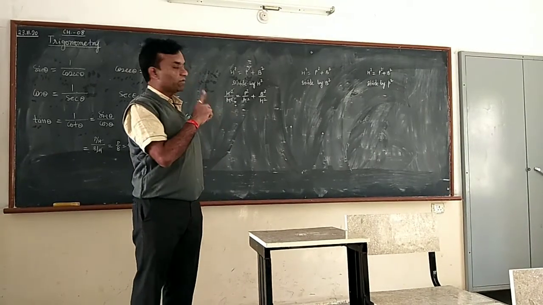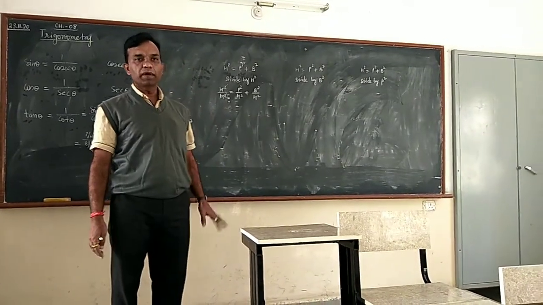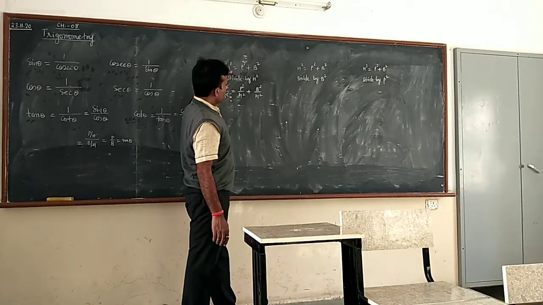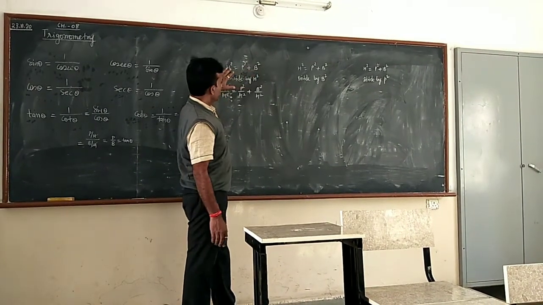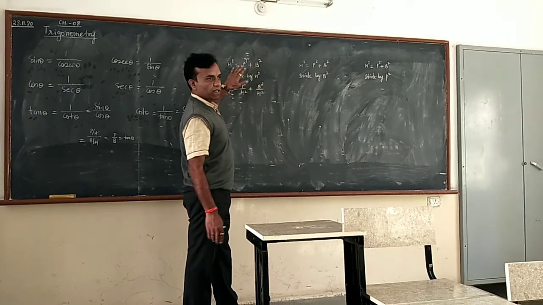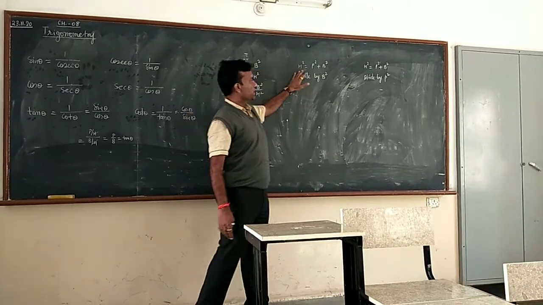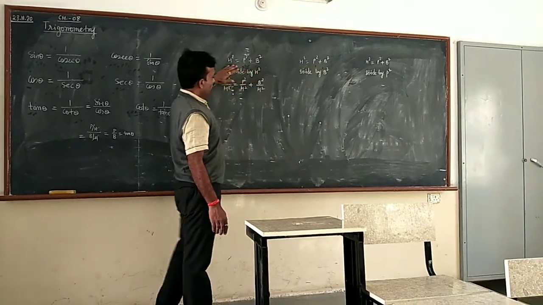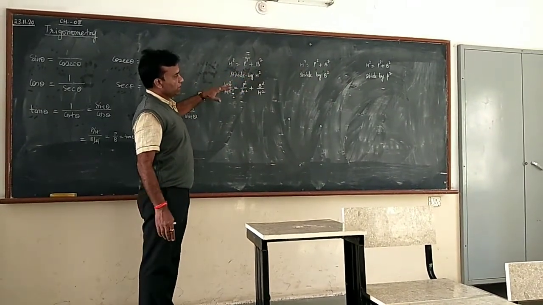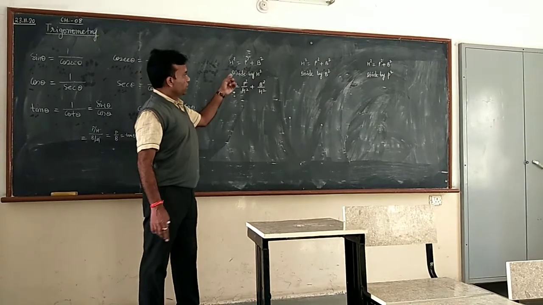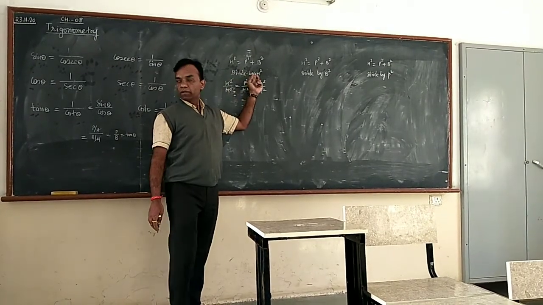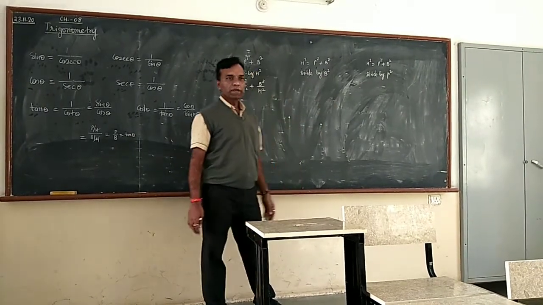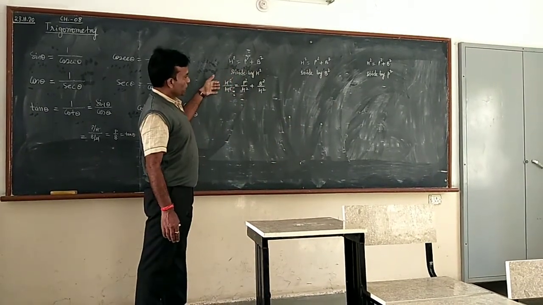So for forming the identities, you write down this theorem 3 times: h square equal to p square plus b square, h square equal to p square plus b square, and one more time. Then one by one you solve and form the identity. First identity you divide by h square, second identity you divide by b square, and third identity you divide by p square. So now first you proceed for h square.